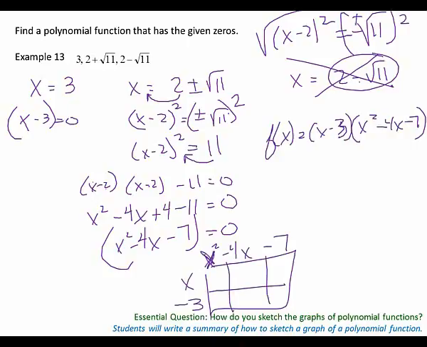Alright, what's x times x squared? X cubed. Alright. Let's see. Sydney, what's x times negative 4x? Good. Okay. And Mackenzie, what's negative 7 times x? Good.